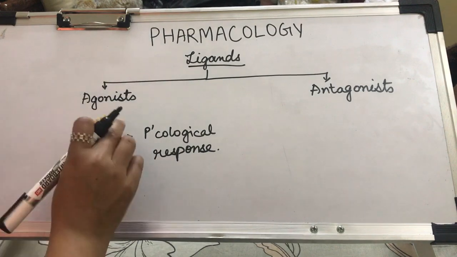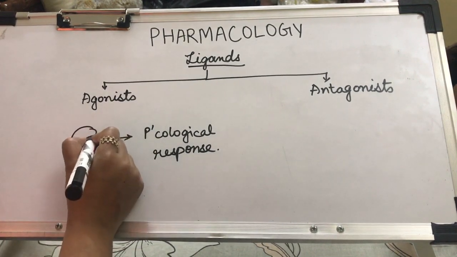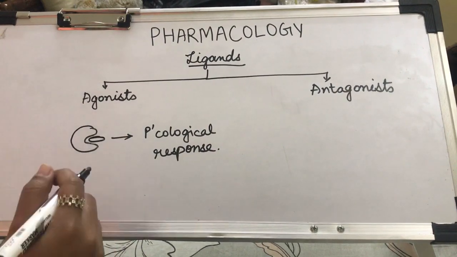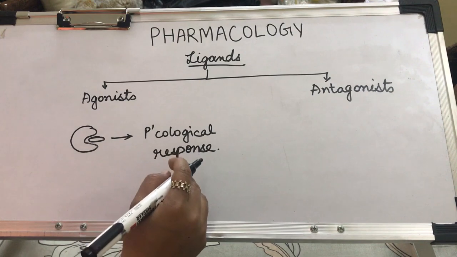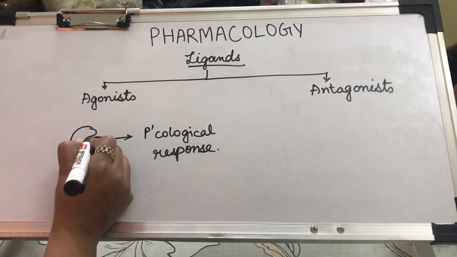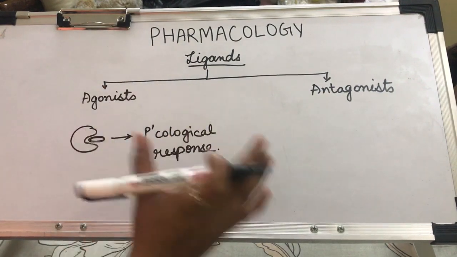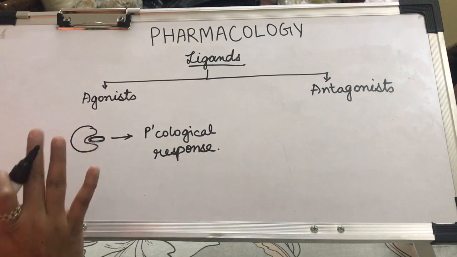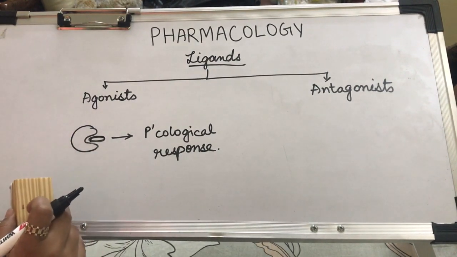And what is an agonist? An agonist is a chemical substance which we give from outside the body. It is an exogenous compound which is given and it comes and binds to the receptor and gives the same pharmacological response as that of the substrate. Then it is known as the agonist.